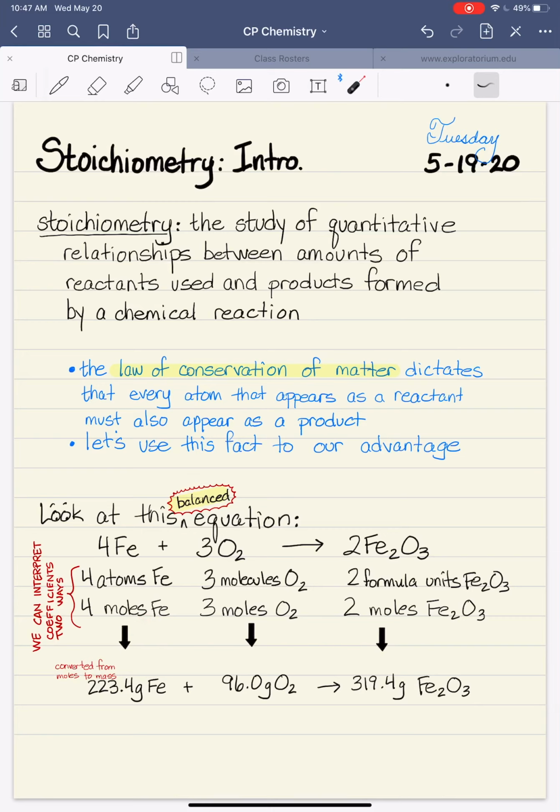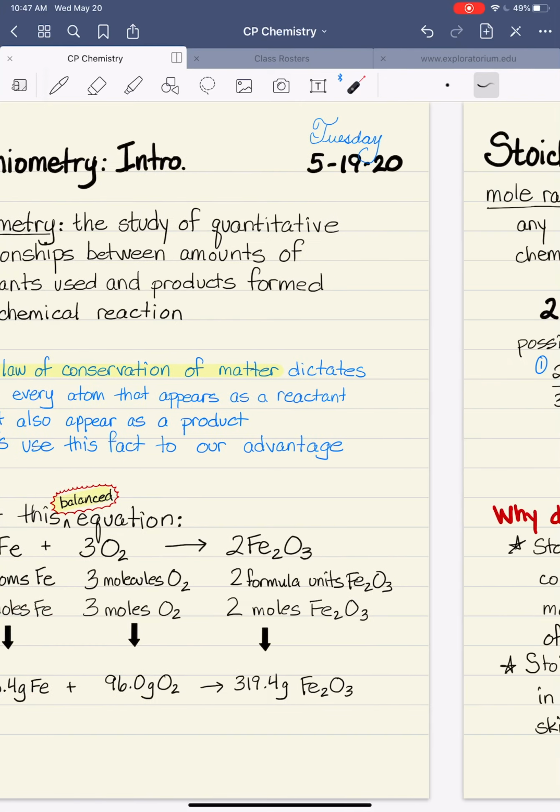And we can confirm that the masses of iron and oxygen combine to form the masses of our iron(III) oxide. Okay, so 223.4 plus 96 is going to equal 319.4. All right, wonderful. So what do we do with that?